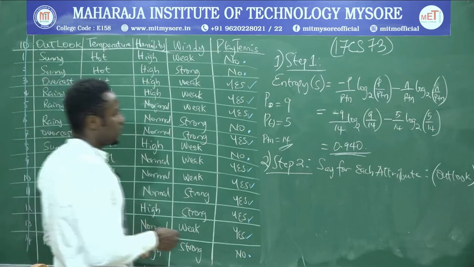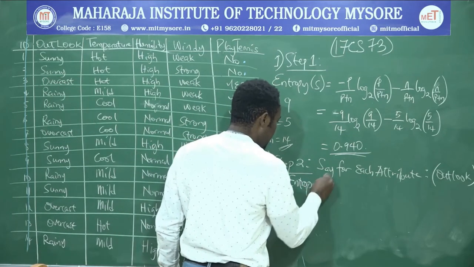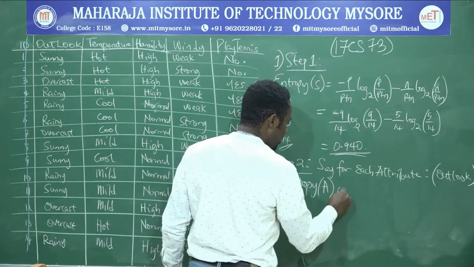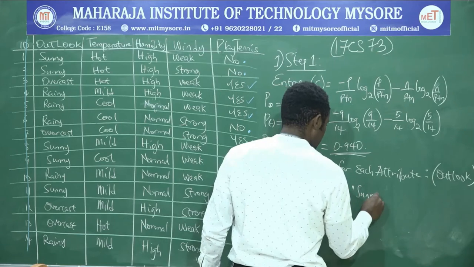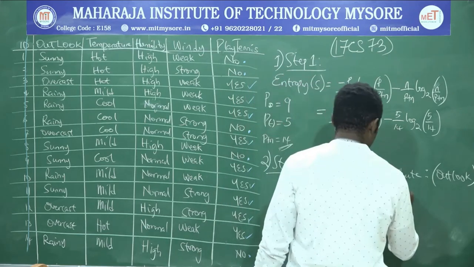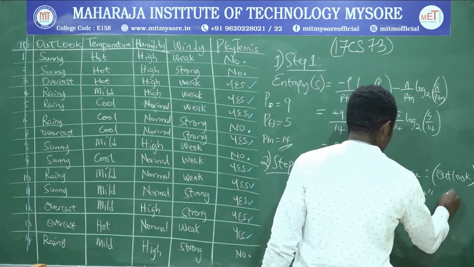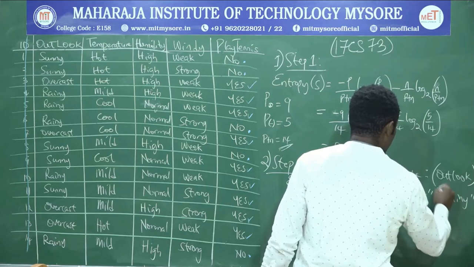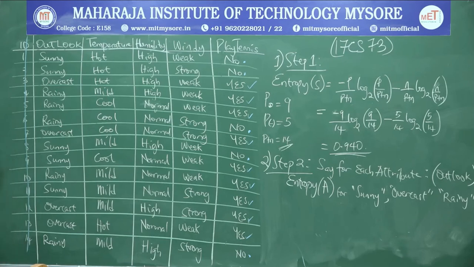So we need to calculate the entropy A for what? Tell me. Sunny, overcast, and rainy. How would this be possible if we don't make smaller subsets? So what we do now is we make small tables.